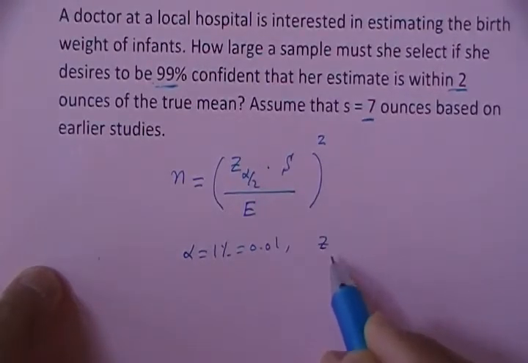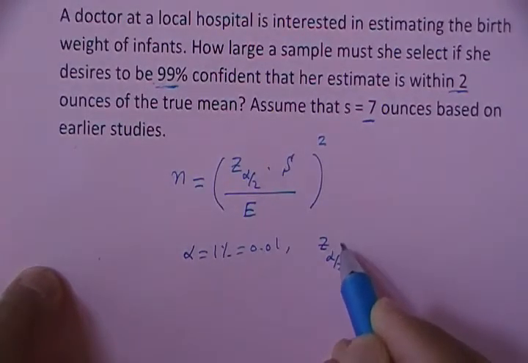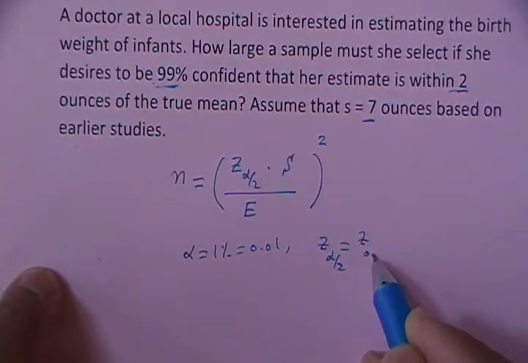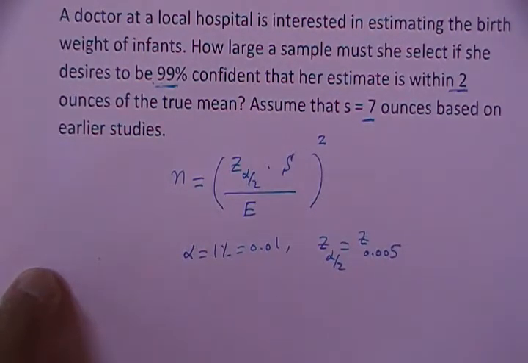So z sub alpha by 2 is z sub 0.005, and this value we can look up from the table.